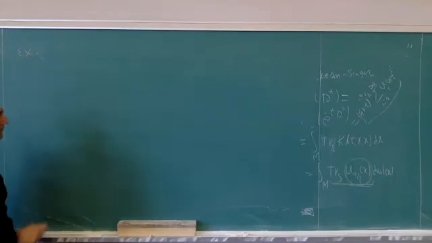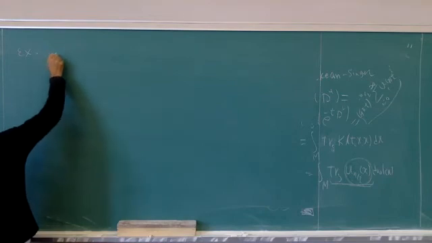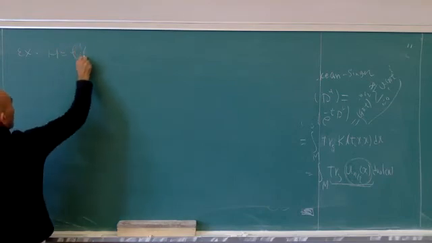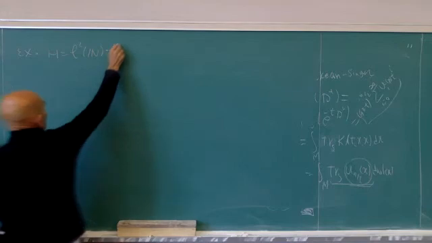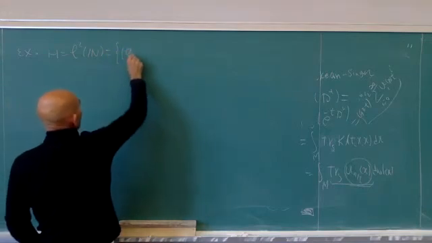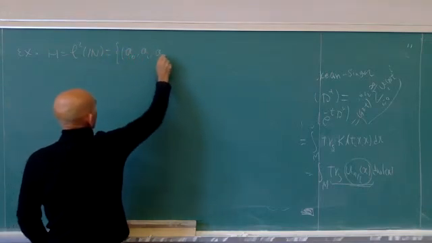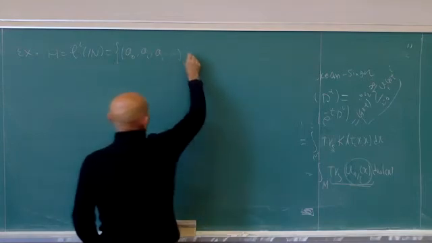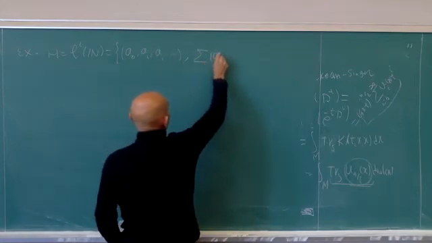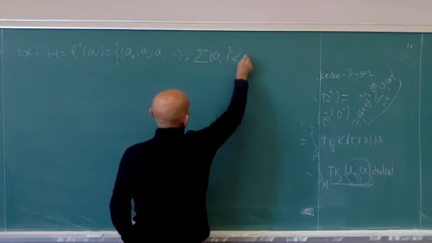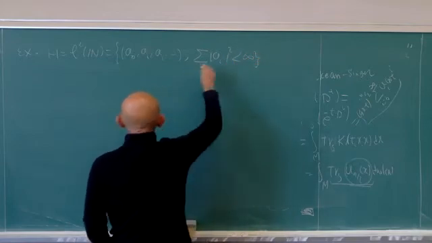Let's consider the Hilbert space H equal to L2 of N. This is the set of all sequences A0, A1, A2, and so on, such that the sum of the absolute values of A_i squared is less than infinity. So this is a Hilbert space.